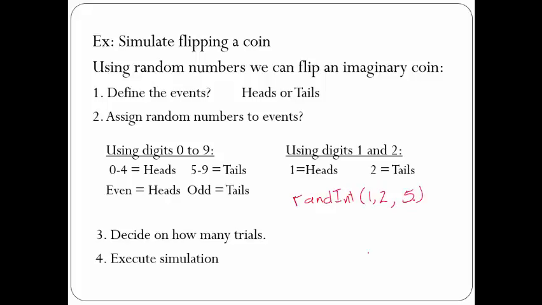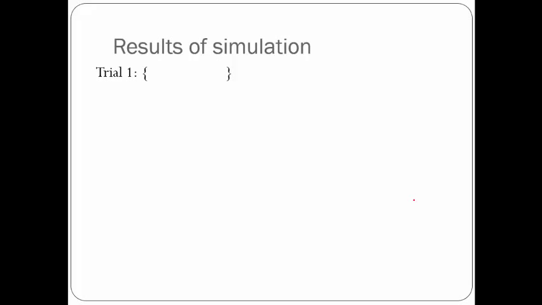So that would flip a coin 5 times in a row, 1 being heads, 2 being tails. Let's say that you did this and you ended up with 1 1 2 1 2. Well, that's heads, heads, tails, heads, tails. The probability of heads there would be 3 out of 5, and tails would be 2 out of 5.